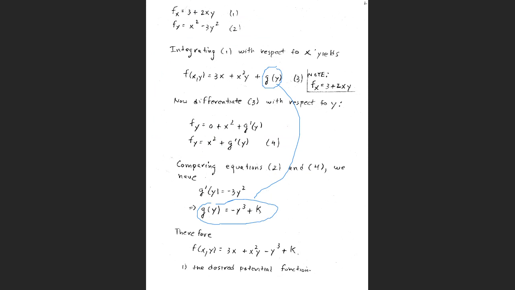And that's actually what I have on the next page. Well, no, wait, I've got it at the bottom, don't I? Here we go. Therefore, f of x, y equals 3x plus x squared y minus y cubed plus k. That's the desired potential function.